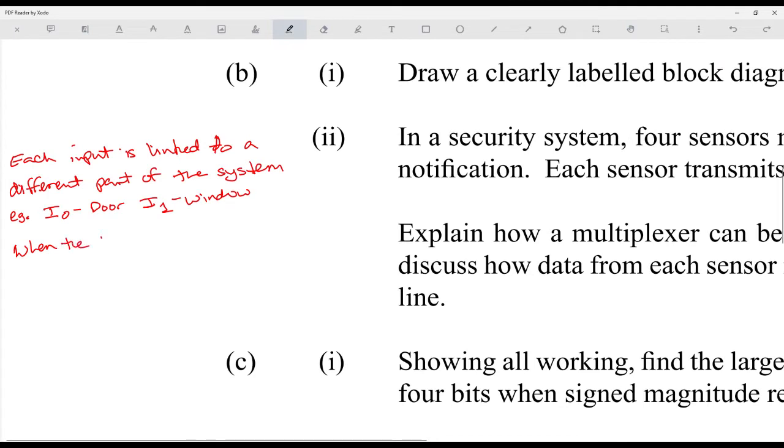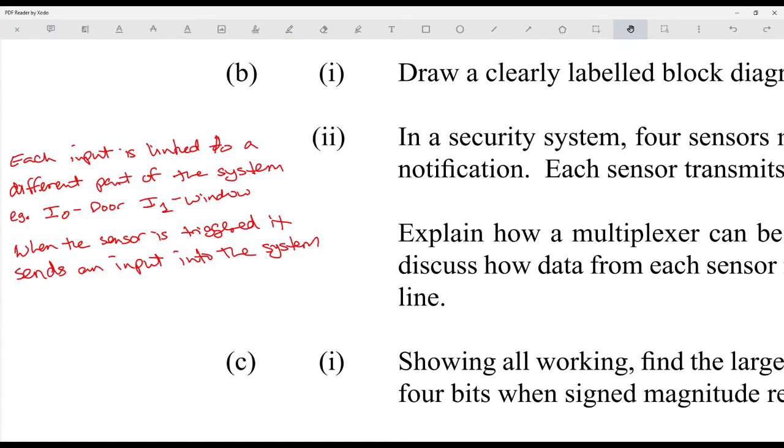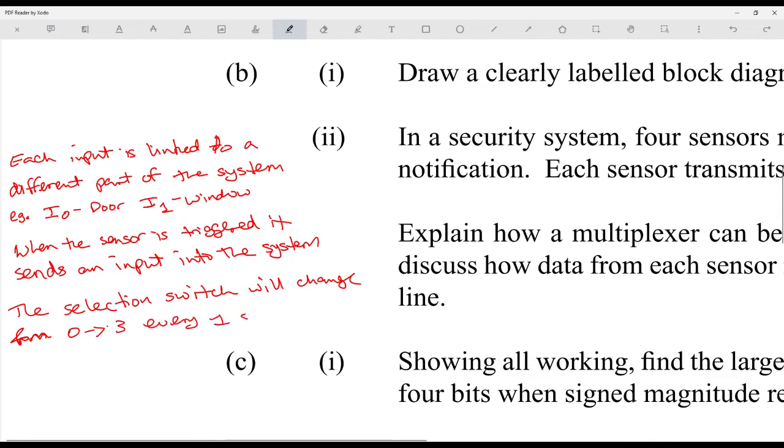When the sensor is triggered, it sends an input into the system. Right, good. The selection switch now will change from 0 to 3 every 1 second.